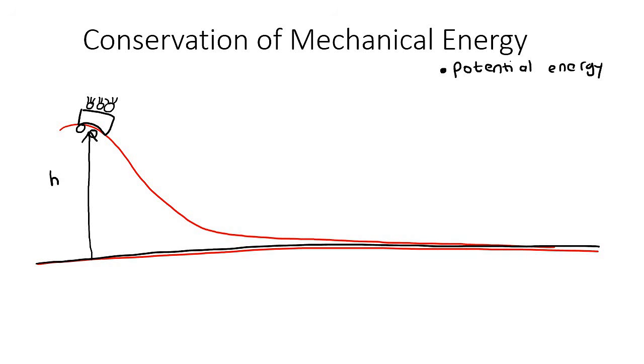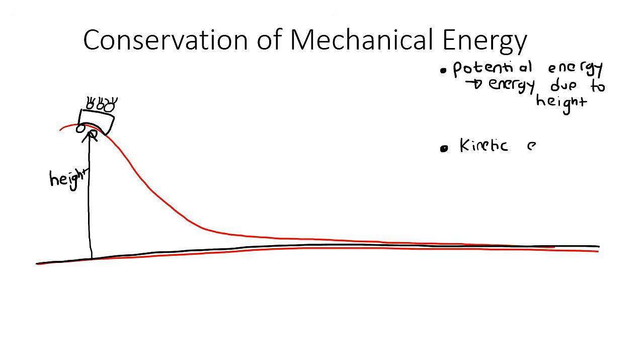Because there's a height, this object has potential energy. If the height was 0, so if the roller coaster was down here at the bottom, then there would be no potential energy. So potential energy is energy due to height.